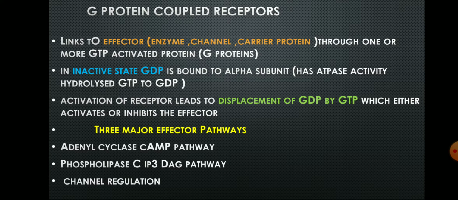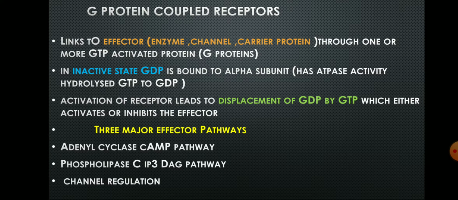Okay, now what happens when the receptor is activated? It leads to displacement of GDP by GTP, which either activates or inhibits the effector. Now how is it activated? When the substrate or drug molecule attaches to the receptor, it leads to displacement of GDP by GTP, which can either activate or inhibit the effector molecule.